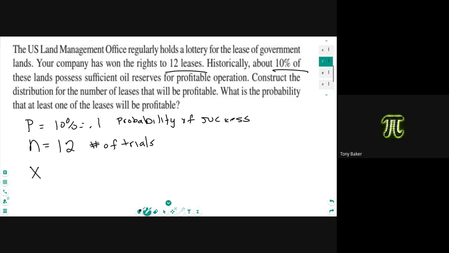How many successes are we looking for? At least one, which means we're looking for greater than or equal to 1. So I want at least one success. So X is greater than or equal to 1.